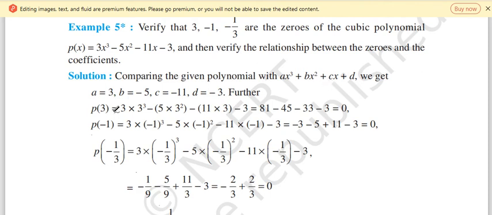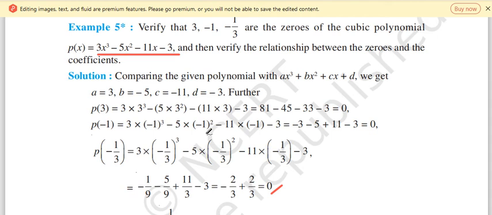Comparing these polynomials, we get a equal to 3, b equal to -5, c equal to -11, d equal to -3. P of 3 equals 0, P of -1 by 3 equals 0, and so does the third, calculating them. This means all three are zeros of the polynomial.